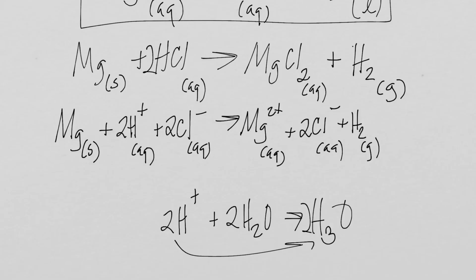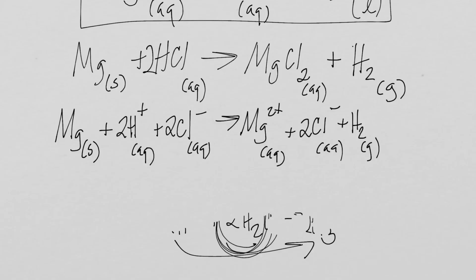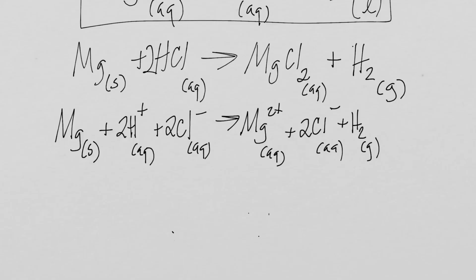I worry that if I just do this straight up, I'm going to forget that I add these in, and I'm going to forget to add them to the other side. So my strategy is write the whole ionic equation, and then afterwards go through and change these to H3O. Because then it's on my mind that in order to change my hydrogens into hydroniums, I added 2 waters, which means I have to add 2 waters to this side of the equation.